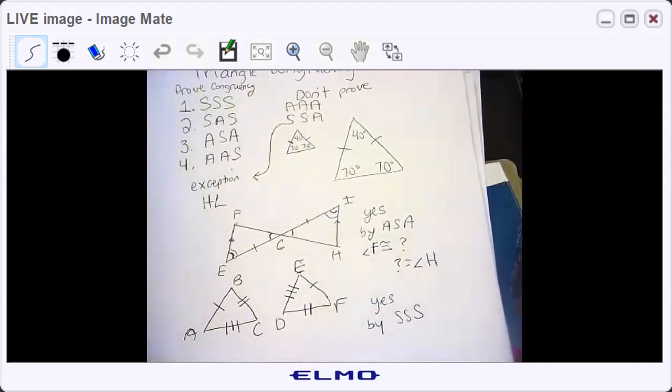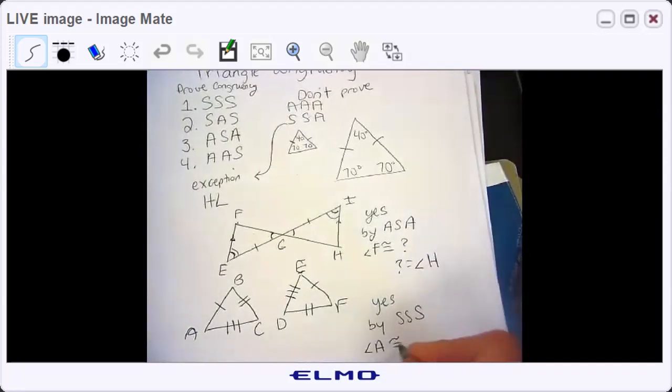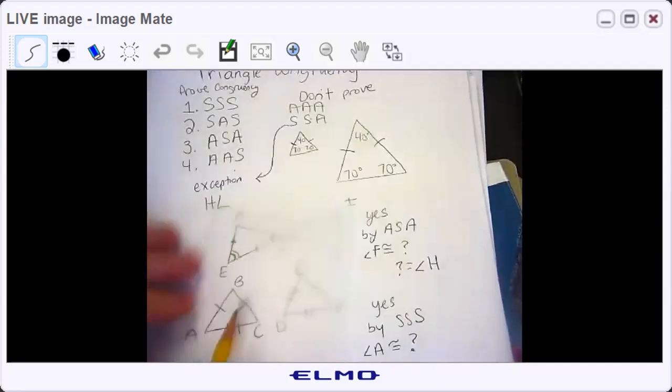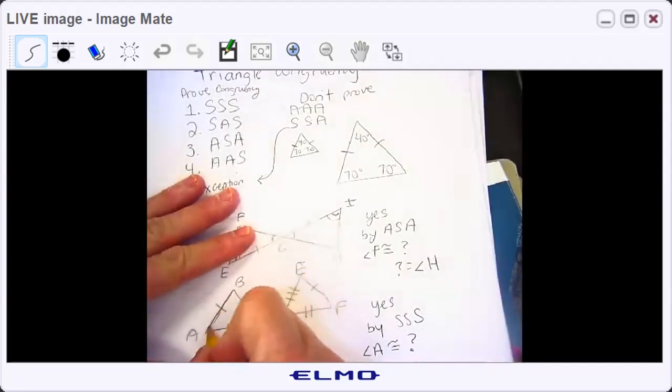Now let's get some patty paper and let's talk about if I said angle A is congruent to what angle. You do have to be careful here because it's not just because this angle is at the bottom left that it's congruent to this angle right here. We have to see if this triangle has been rotated or flipped.